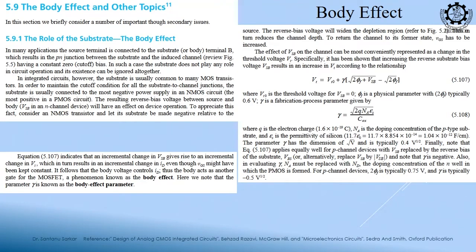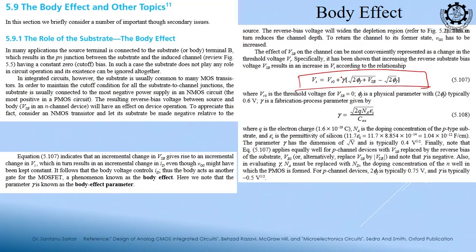This is body effect. We discussed that if we see the threshold voltage, we have a dependency on the source to bulk voltage. Our threshold voltage depends on the source to bulk voltage. So, if source to bulk voltage is changing, my threshold voltage will also change.